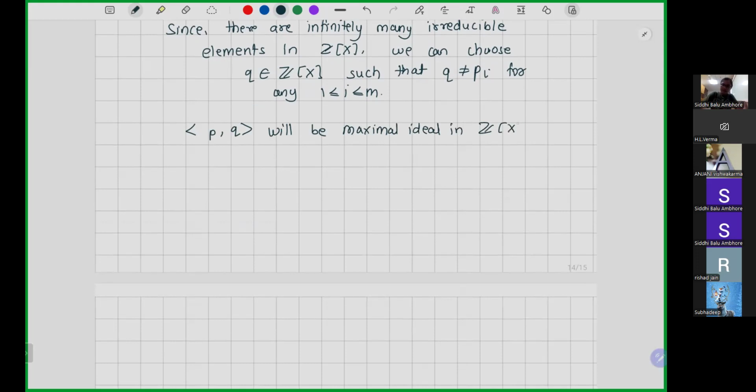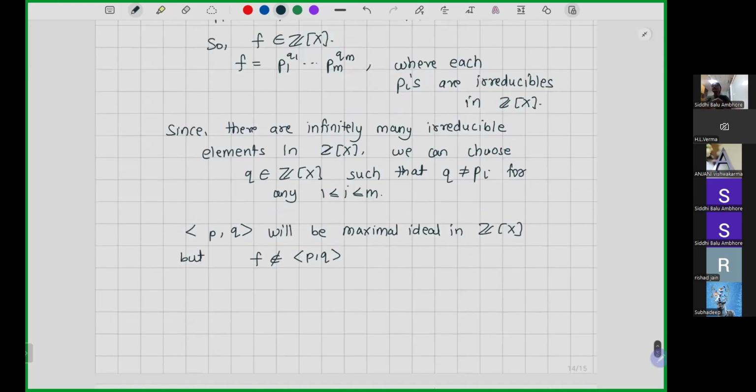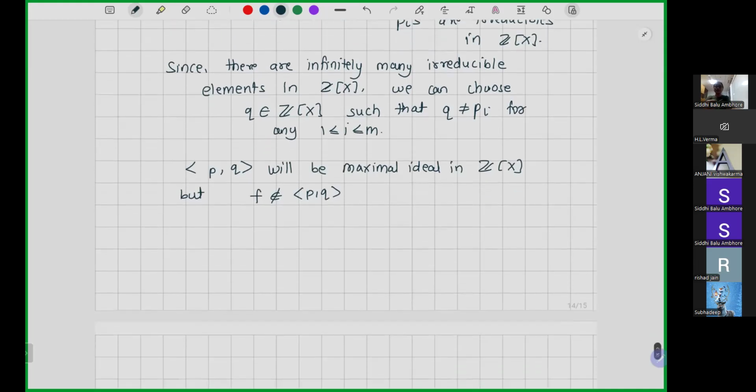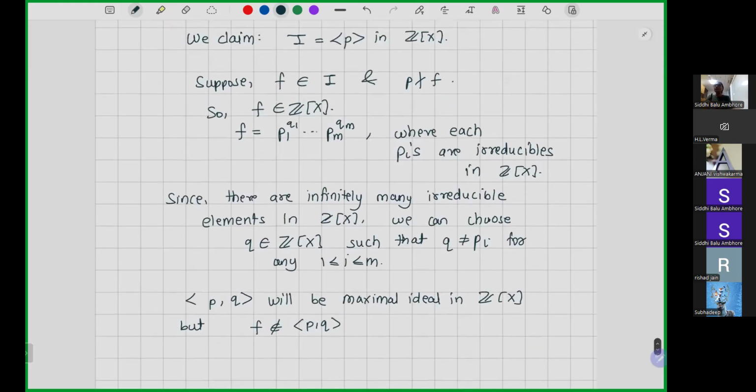In ZX. But this F doesn't belong to this P comma Q, right? Because F is what? It is a multiple of these Pi's and none of the Pi is equal to Q. So this F cannot belong to this ideal. Is this understandable? That F is not in this Q?